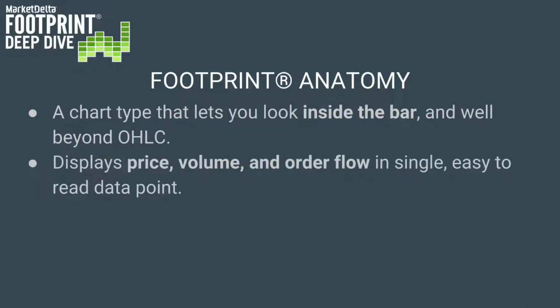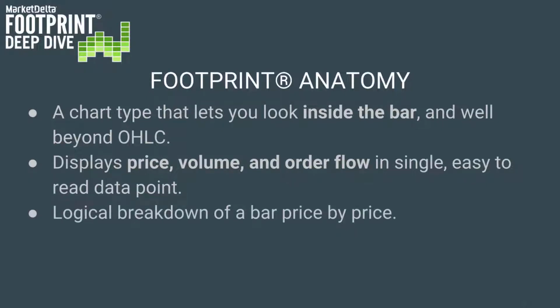It's going to display price. The footprint displays price, volume, and order flow in a single, easy to read data point. So instead of just viewing a price, you actually get all these added pieces to give you a better view of what's taking place, which is volume and order flow.